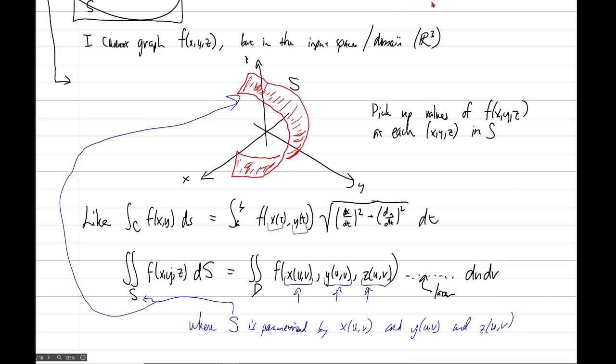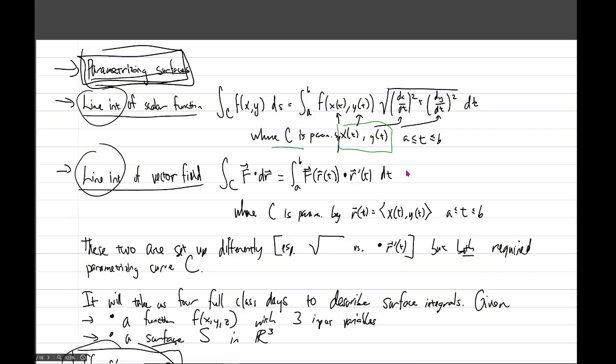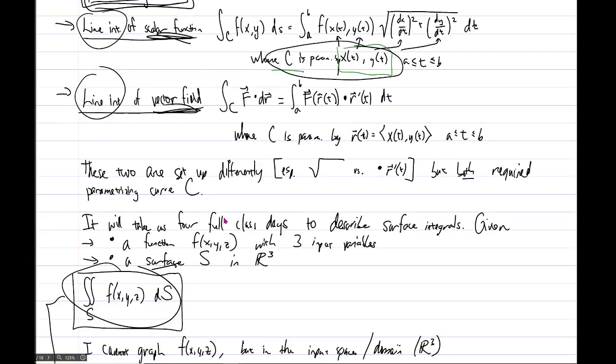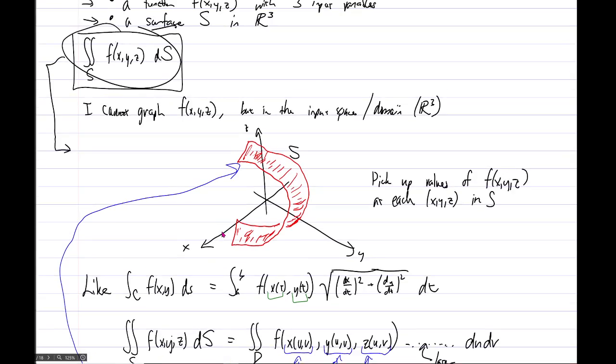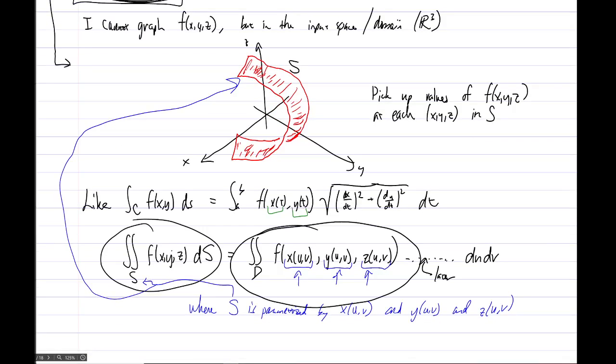I think it should go without saying that at the beginning of the semester we spent a lot of time talking through parameterization because that was super important to focus on. You can see that line integrals of both scalar fields and vector fields would be impossible to set up if we didn't get ourselves comfortable with parameterization. Well, we are going to need to set up integrals that look like this, and they're going to turn into integrals that look like this, right?